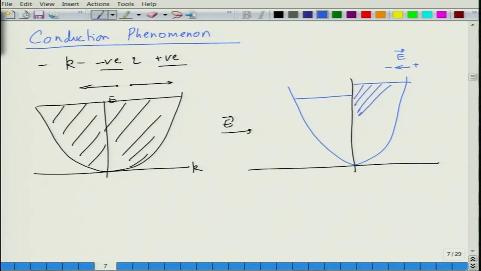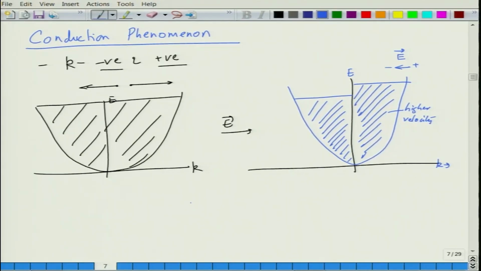So the velocity of electrons on this side is higher, this is E again and this is K, and on this side we have lower velocity. You can have it the other way around as well if you change the electric field vector. So with this biasing, we now have different velocities of electrons, we have motion in one direction, and this leads to conduction.